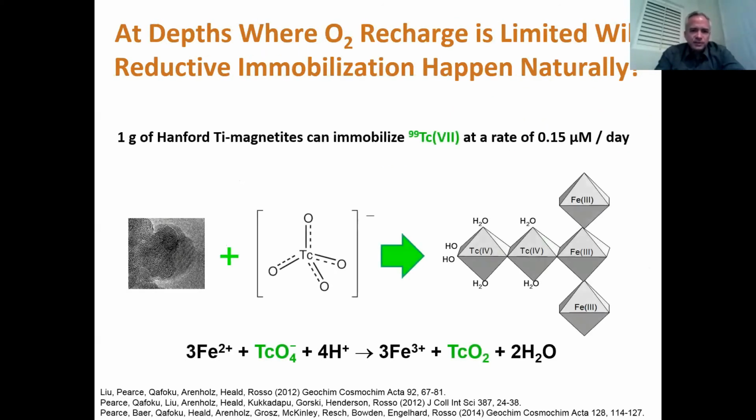The answer to the question, more or less, that we provided to decision makers was yes, this should go, and in fact, there's enough titanomagnetite in the Hanford subsurface conceptually to reduce the entire inventory of technetium. Whether it happens before it hits groundwater is an unknown, but we can tell them approximately how much Tech-99 can be immobilized as it contacts this phase, as it percolates down through the sediments, and at what rate.